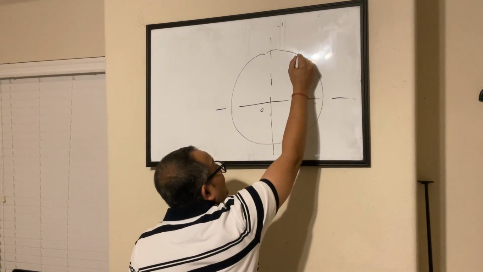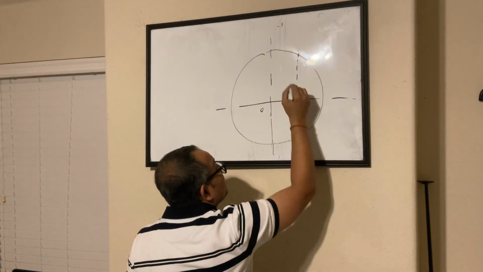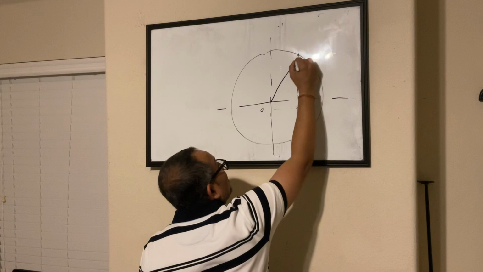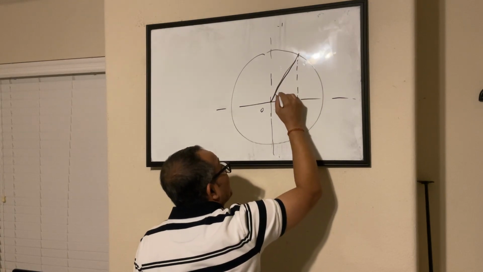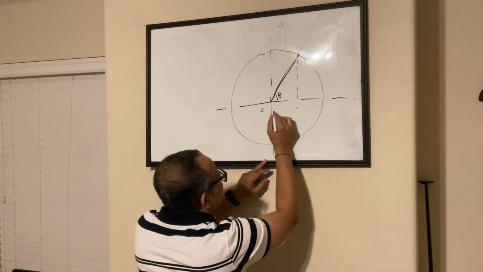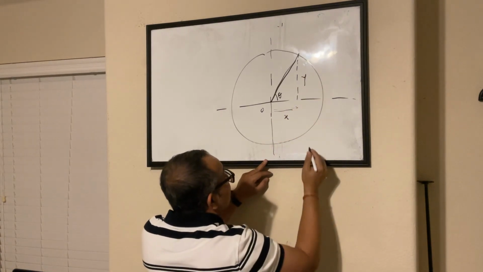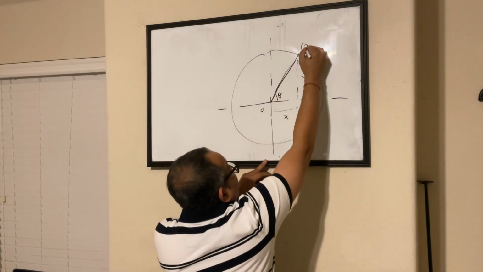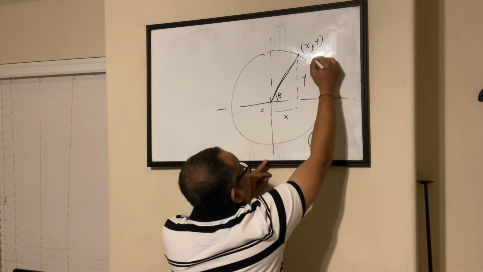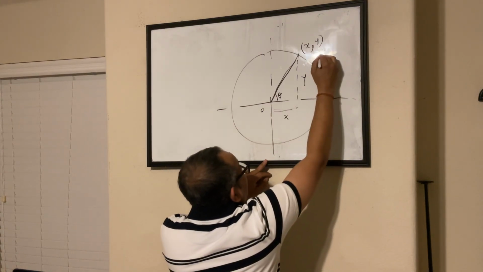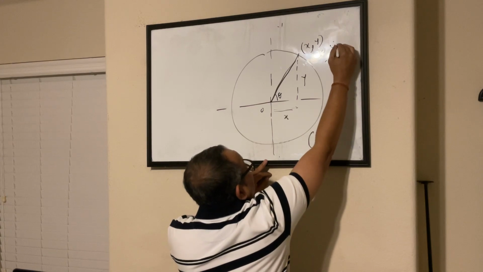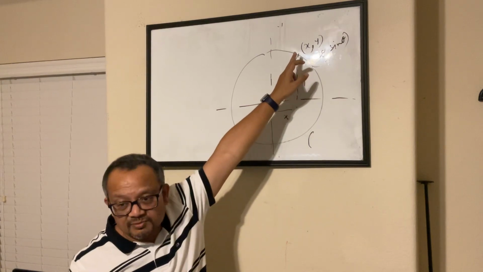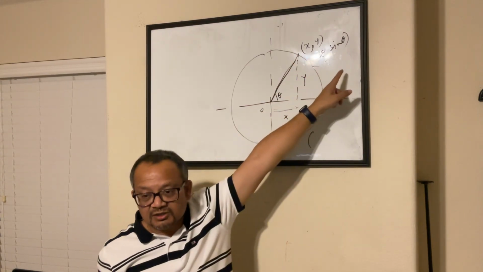This is the vertical length and this is the horizontal length, and you will always connect this point and assume this angle as theta. If this is your x coordinate and this is your y coordinate, you know that x is nothing but cos theta and y is nothing but sine theta. So in a unit circle, the coordinate of any point on the perimeter would be cos theta, sine theta.